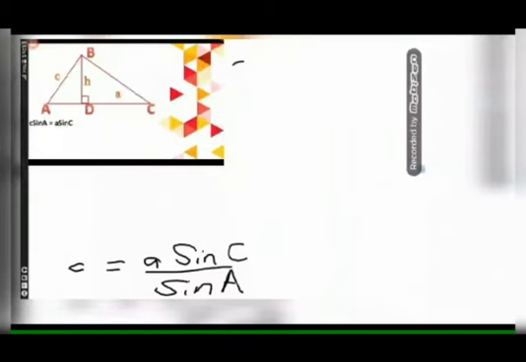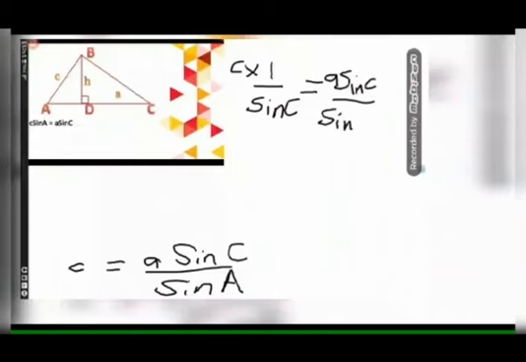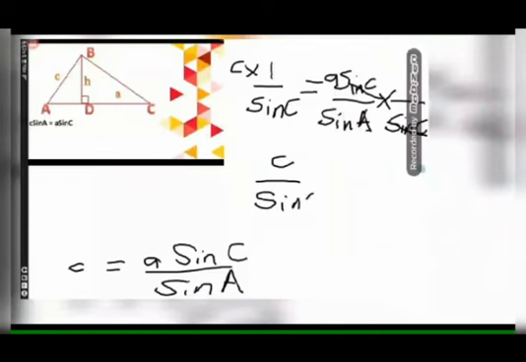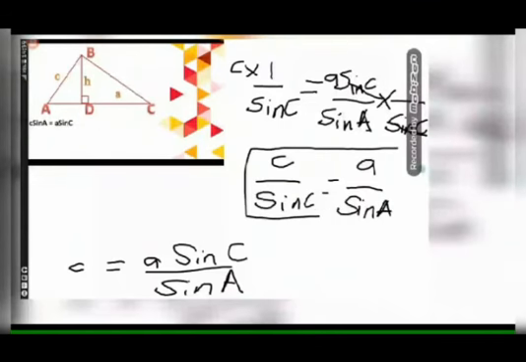This means we are multiplying c by the reciprocal of sine C. On the other side, we do the same: a sine C over sine A, and we multiply it by 1 over sine C. By doing so, we cancel out this sine C and we end up with c over sine C is equal to a over sine A, and this forms part of our sine rule.